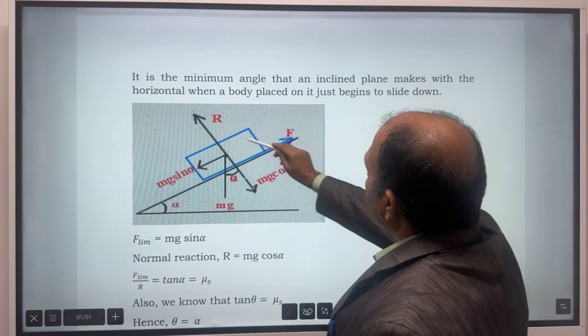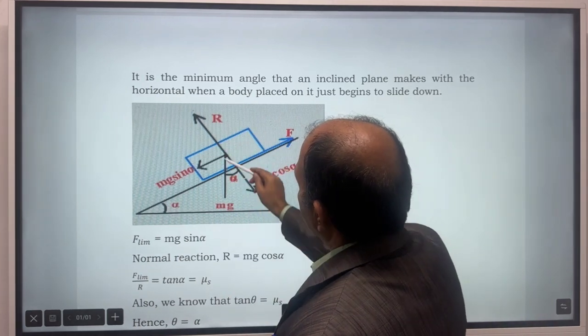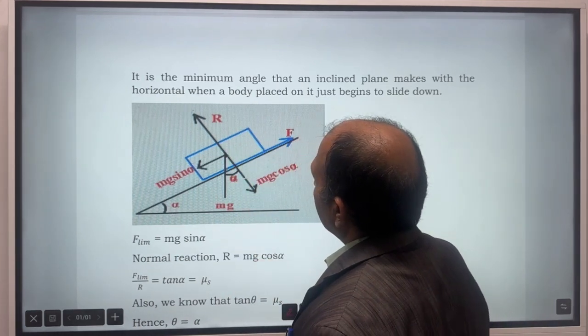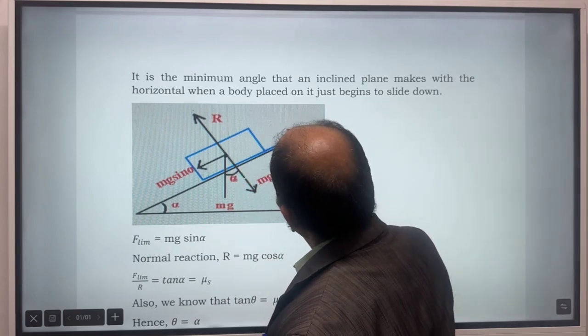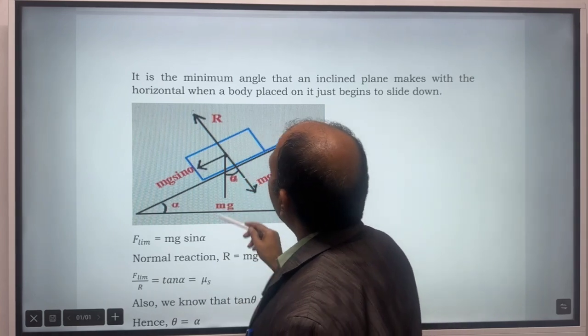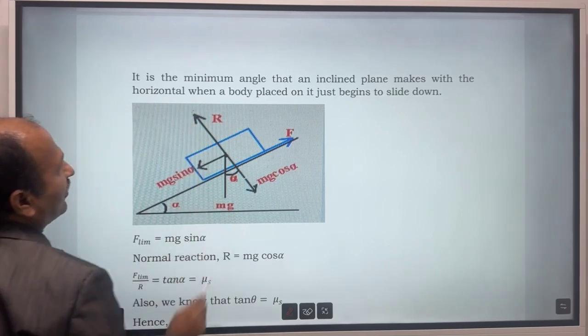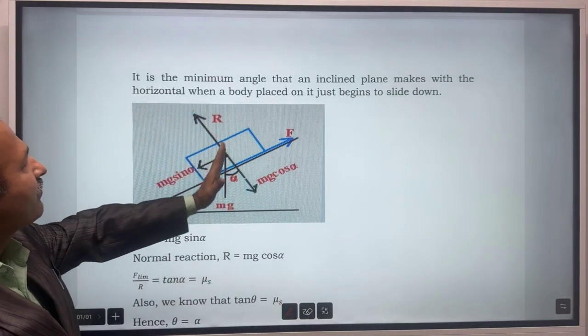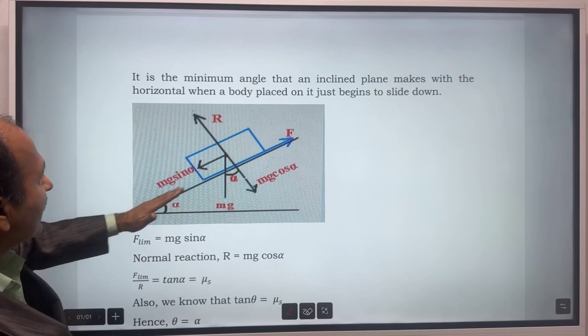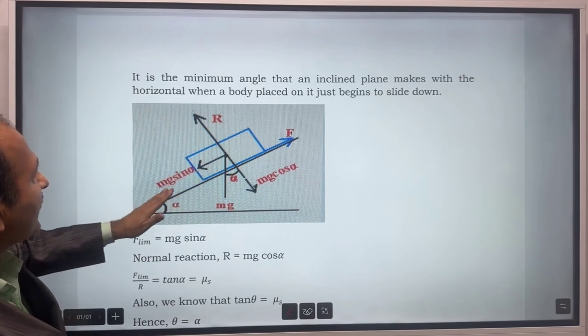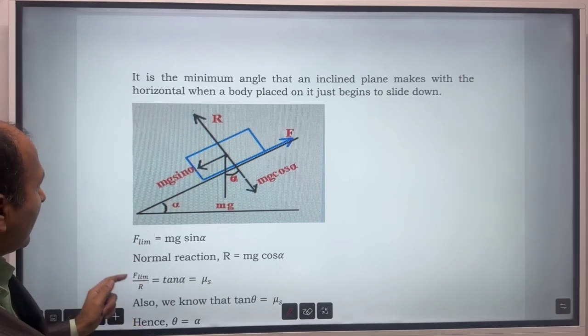This is a body of mass m, its weight will act in a downward direction, and in this direction it will be mg cos alpha. Normal reaction will be in this direction, it will be R, and in this direction there will be one force, that will be mg sin alpha.